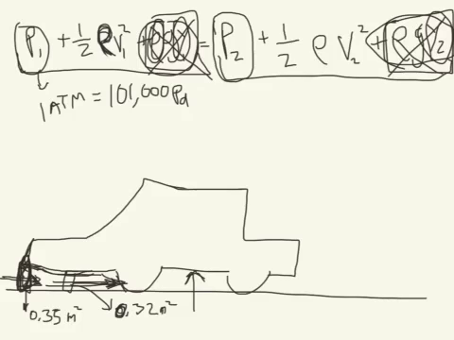All right, what else is in this equation? Velocities. So the velocity of the air right here as it hits the front of the car, and again this is the velocity of the air relative to the car.